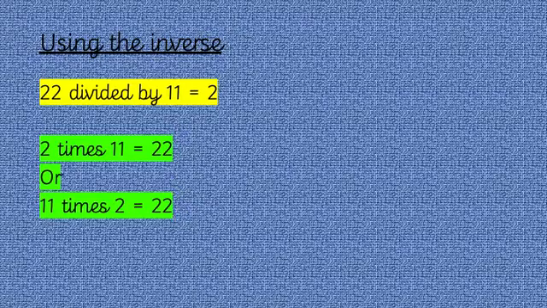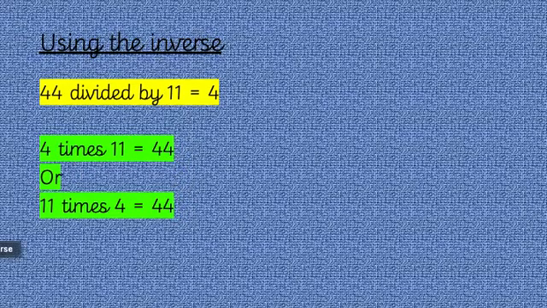Because we know that 22 divided by 11 is 2, that means 22 split between 11 people, every person has 2. We then know that 2 times 11 is 22, or 11 times 2 is 22. You can see that these are basically the same sums, we've just swapped those the other way round.